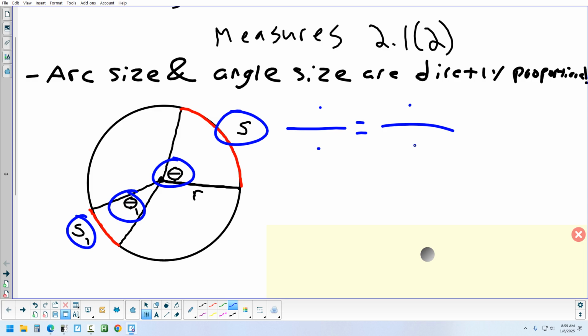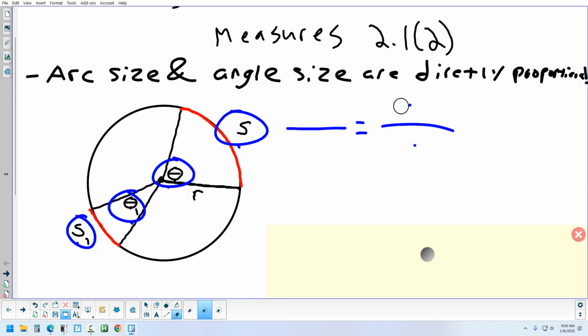When we fill them in, it doesn't matter exactly how we set it up. What matters is we set it up the same way on the left and on the right. So like if we do arc over angle on the left, we need to do arc over angle on the right. Okay? So 2 pieces of information are going to go on the left, 2 pieces are going to go on the right, and we just need to set it up the same way on each side.